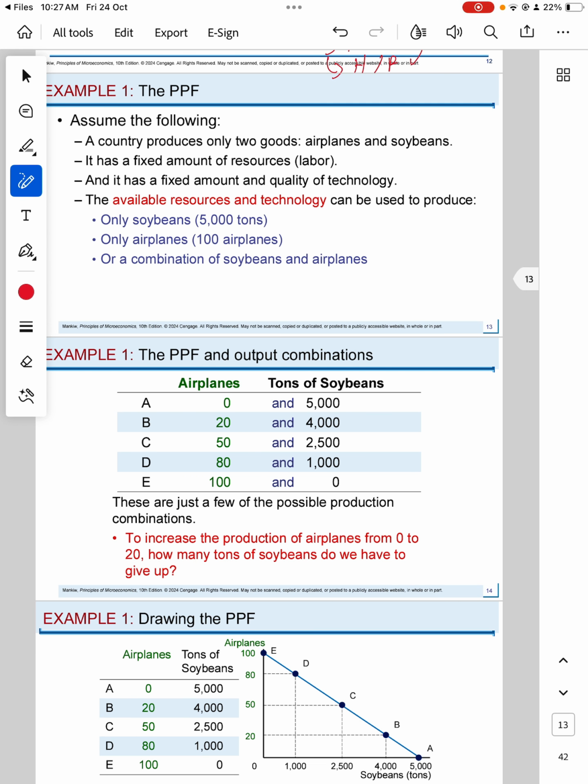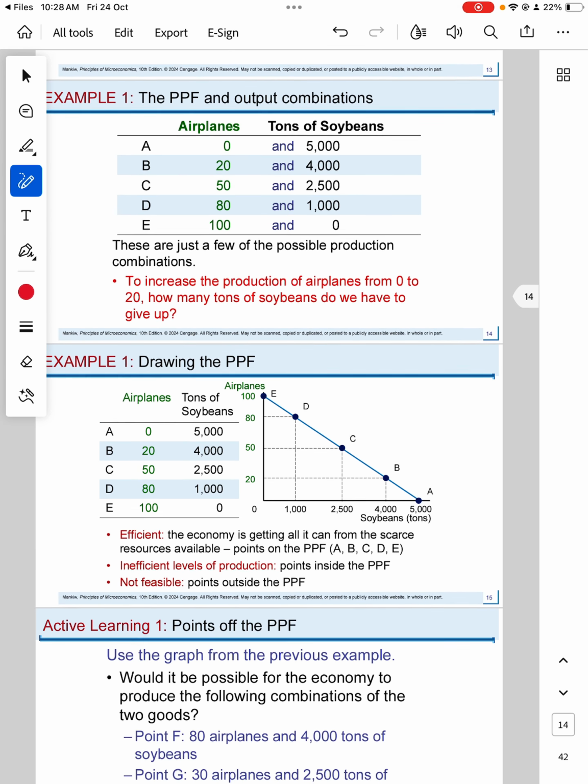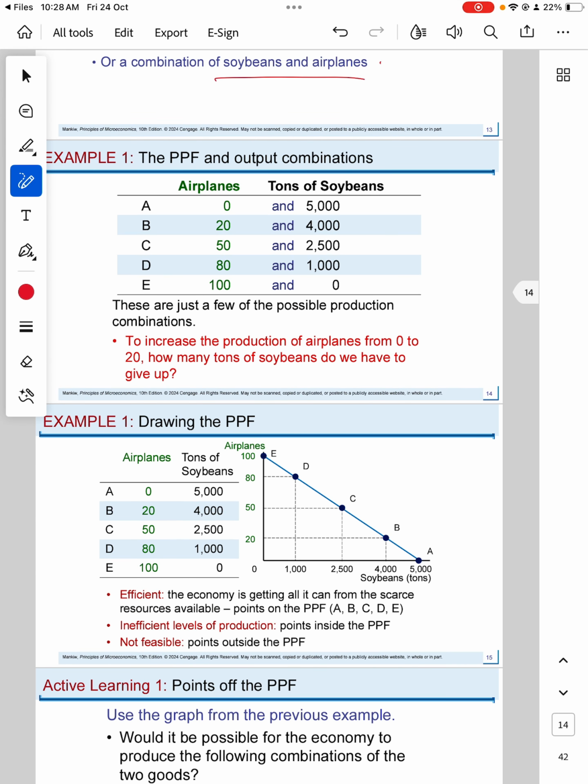This example explains the available resources and technology that can produce only 5,000 tons of soybean, only 100 airplanes, or a combination of soybean and airplanes. Let's say these are just a few of the possible production combinations between airplanes and soybean.